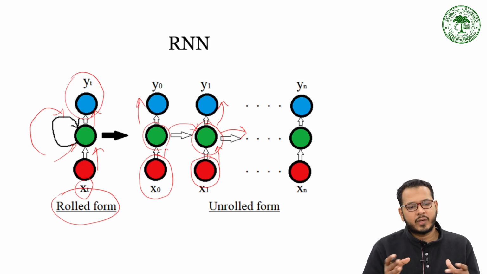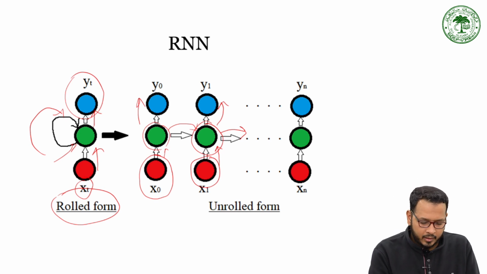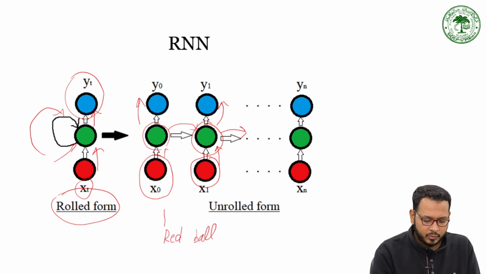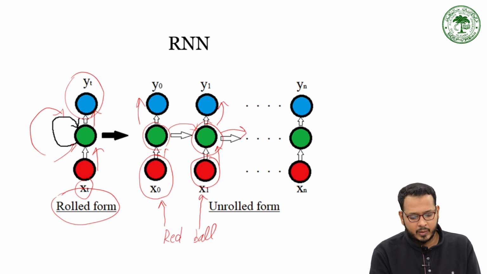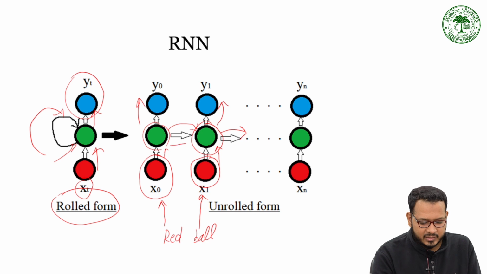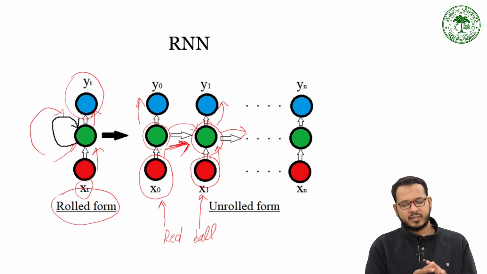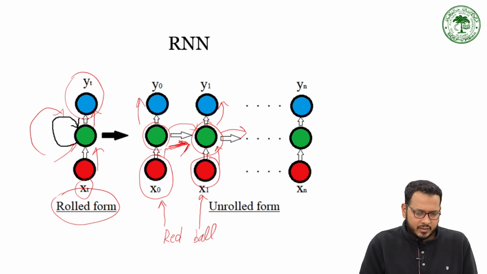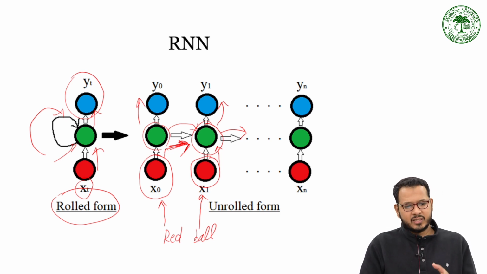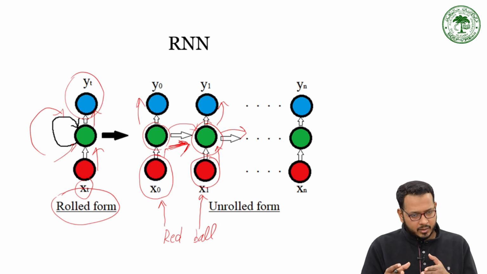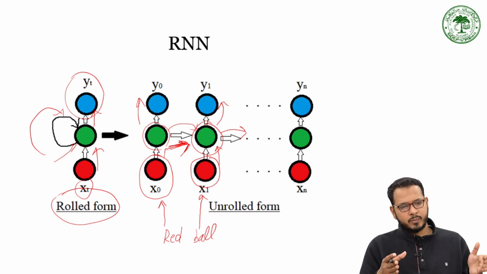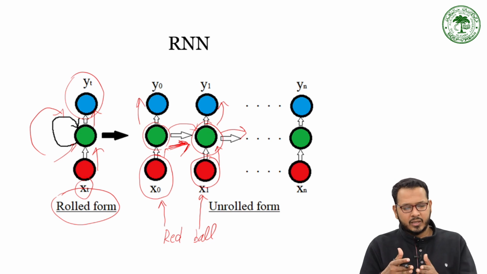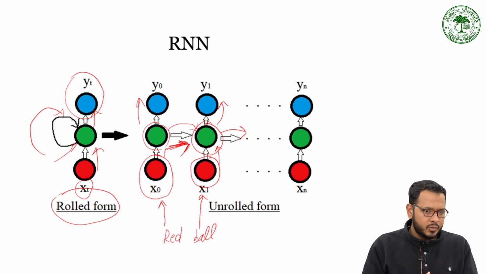So if we have a sequence like red ball, red will go there and be processed. When ball is being processed, it will take the red information from the previous input and attach that with the information associated with the word ball. So this is how recurrent neural networks do the processing. They just keep on combining information from the previous steps and forwarding it to the newer steps.